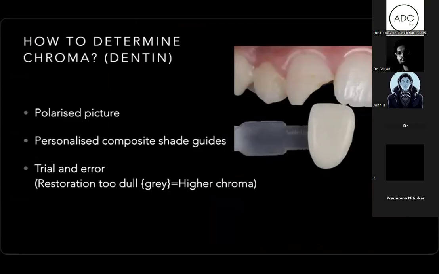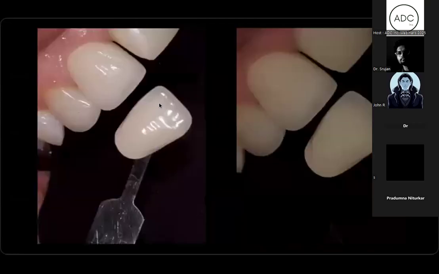Also, one more point I quickly want to state, that we do not use the Vita Classic shade tabs for composite selection. I've put this picture for reference, but you are never going to use Vita shade guides, because in this picture itself you can see that there is a difference in chroma, right? It's exactly like the natural tooth.